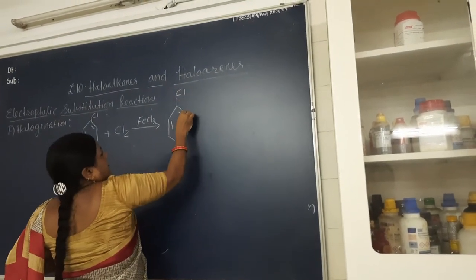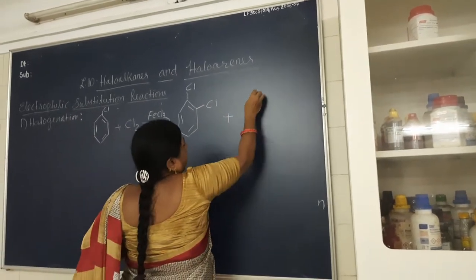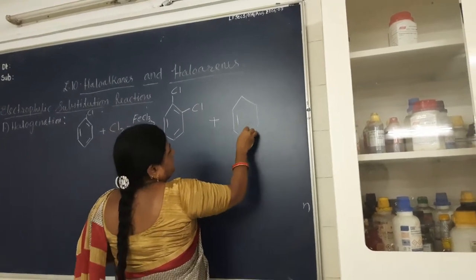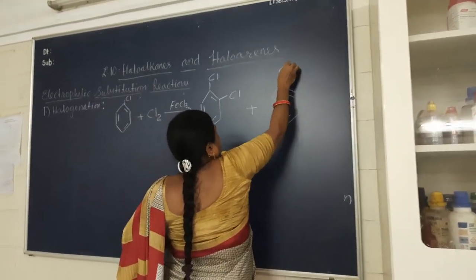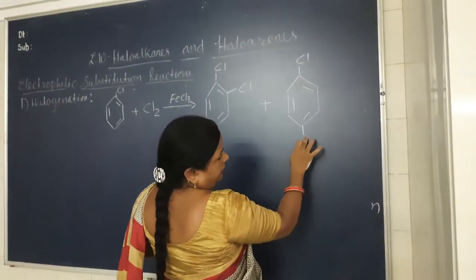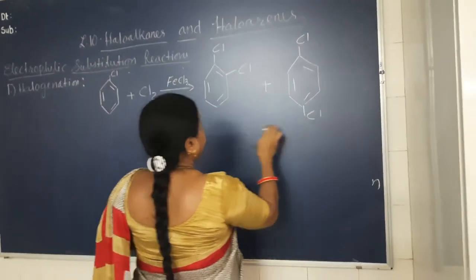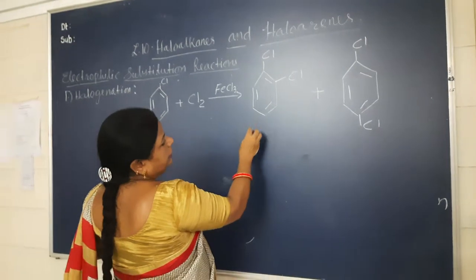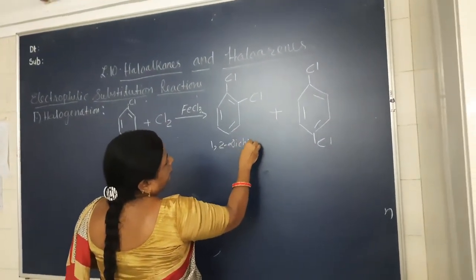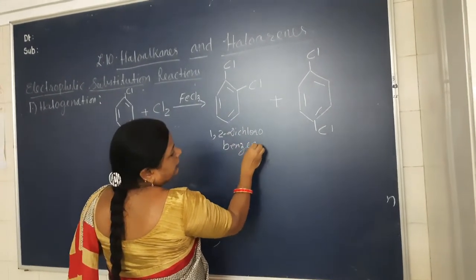Cl, ortho position, Cl plus. Two positions will be occupied, two compounds will be formed, that is this and this, chloro, and this is ortho, meta, para. Do you remember, children? Para position. So here Cl. What will be the IUPAC name of this compound? 1,2-dichlorobenzene. Is it visible to you all? Okay.